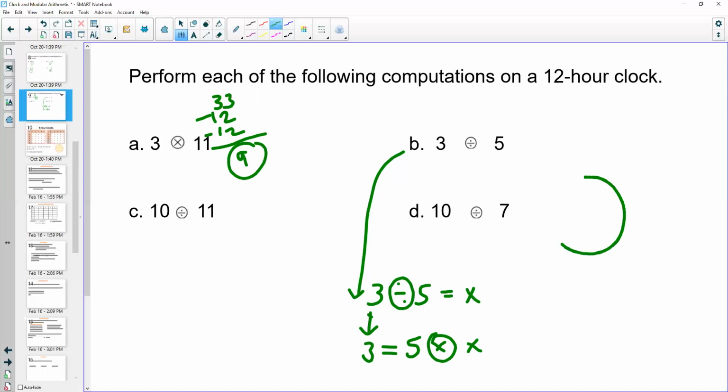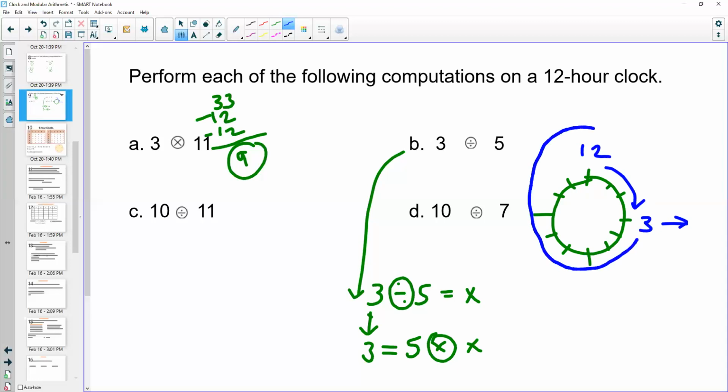So I have to think about my clock and where that would get me. So I want to start here at 12, and I want to get to 3 o'clock. Well, I can count 3 hours, 1 loop around. That doesn't really help me because I don't know what I'm multiplying by 5 there. That's not a multiple of 5. I can keep going though.